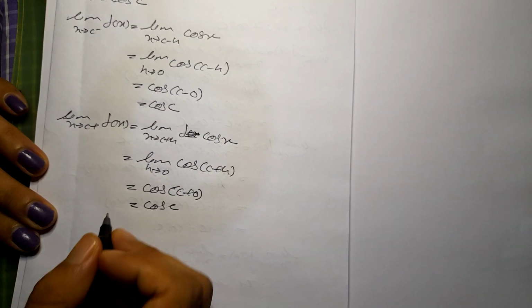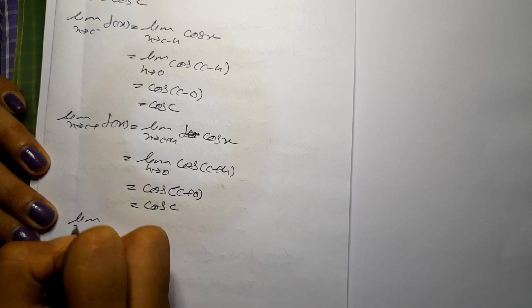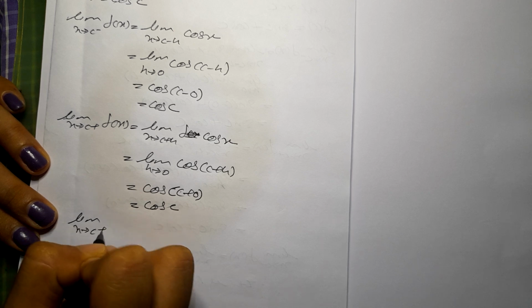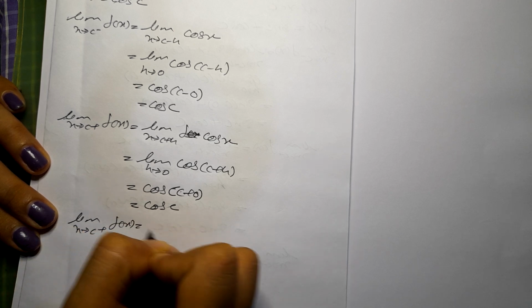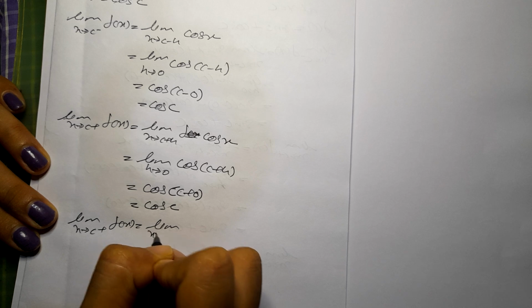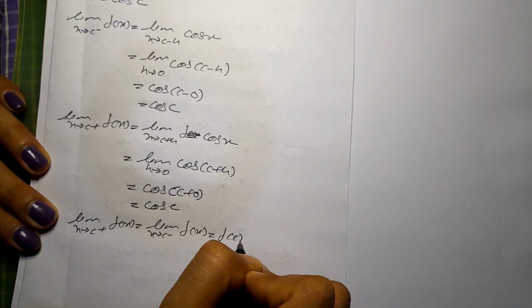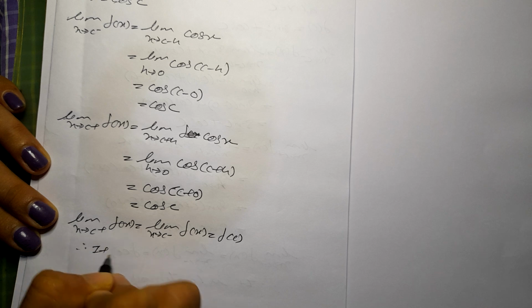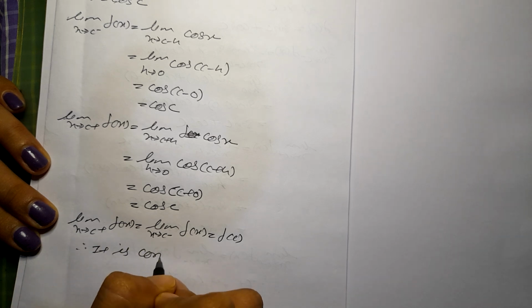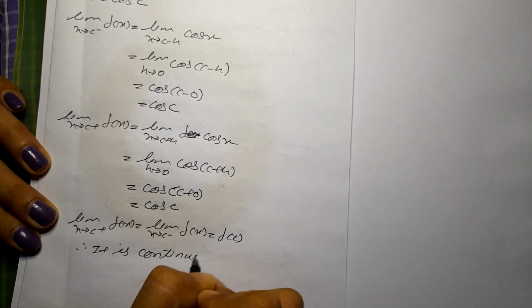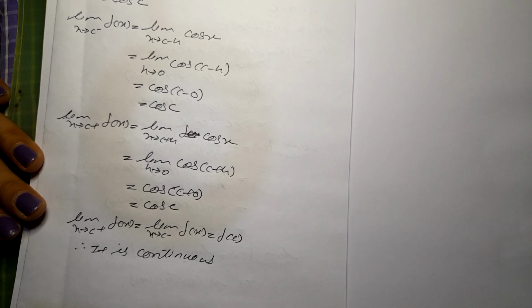Limit x tends to c plus of f(x) is equal to limit x tends to c minus of f(x) equal to f(c). Therefore it is continuous.